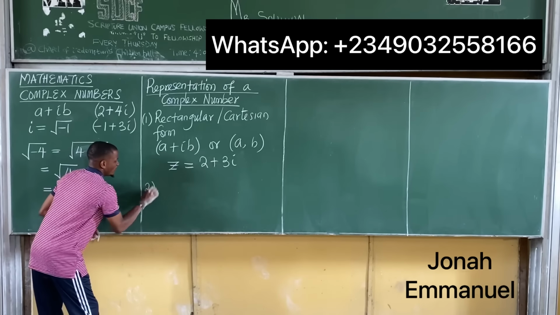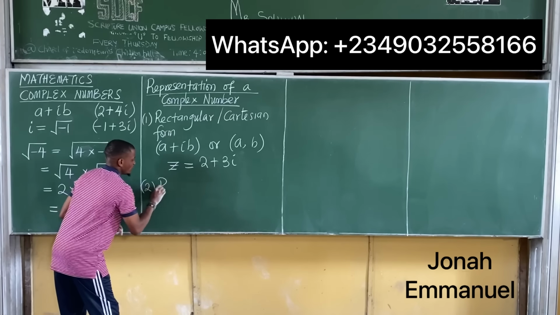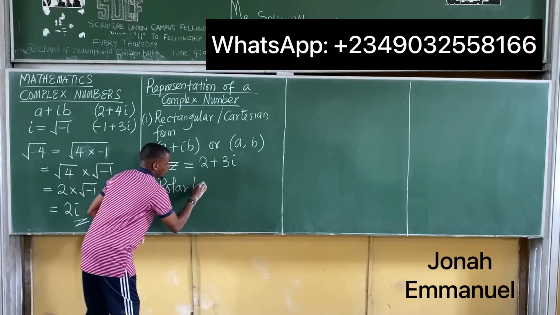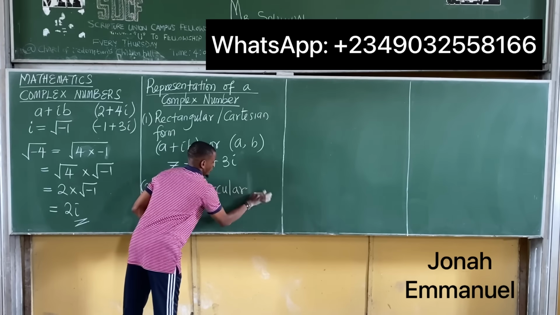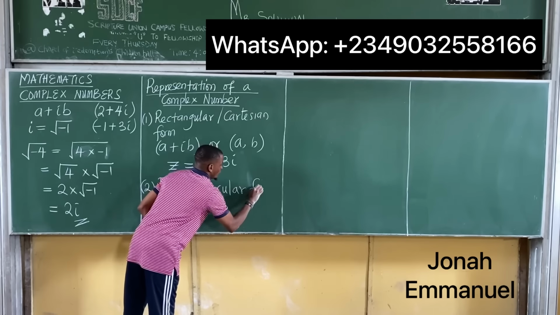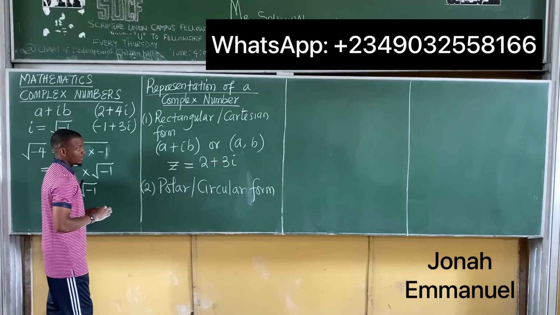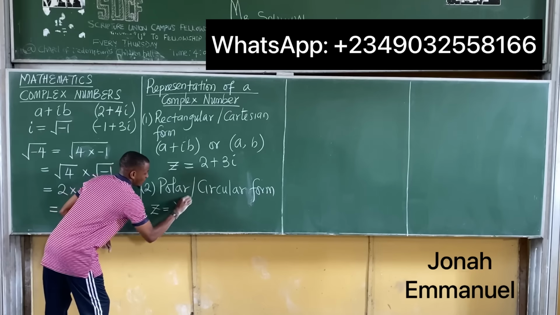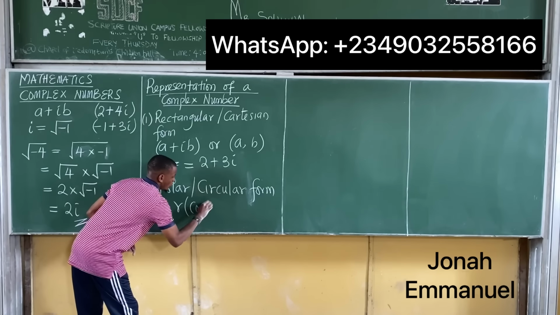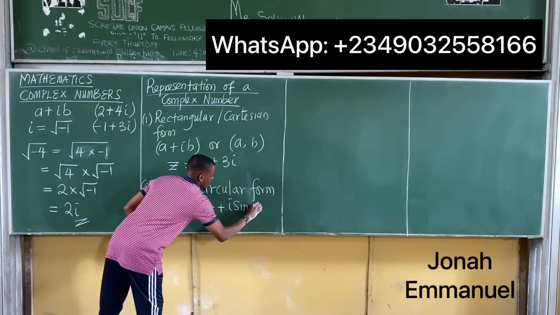The second form of representing complex numbers is called the polar or the circular form. For the polar form, a complex number is represented as z being equal to r into cos theta plus i sin theta.